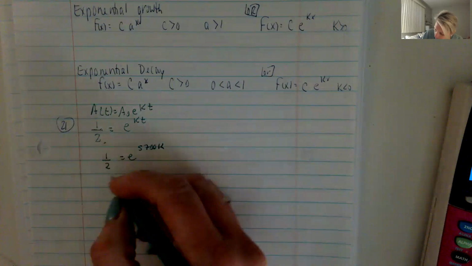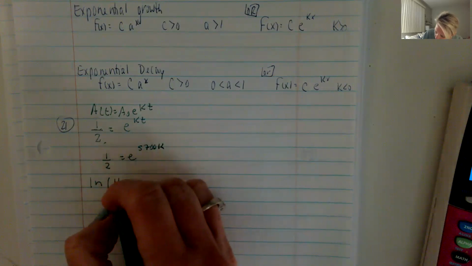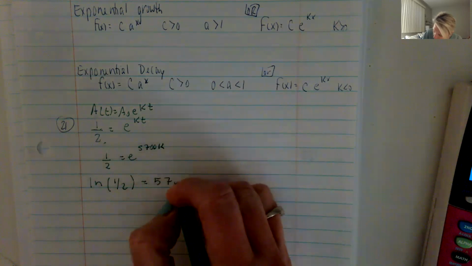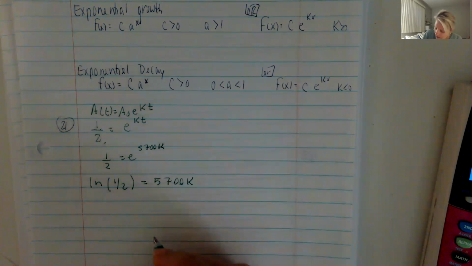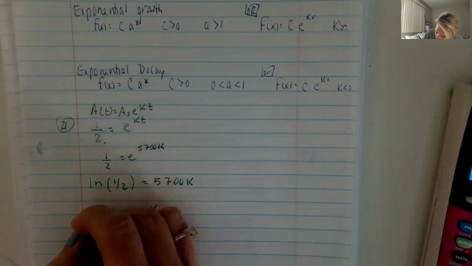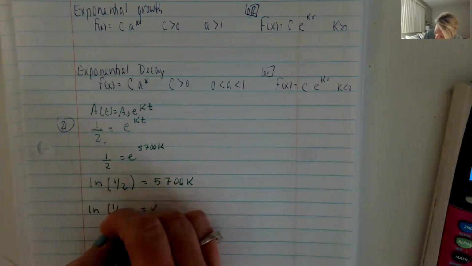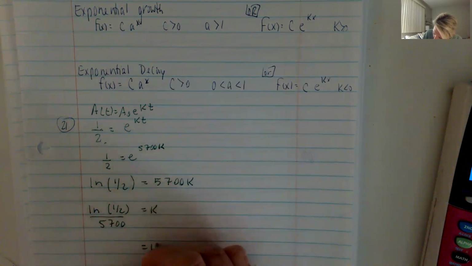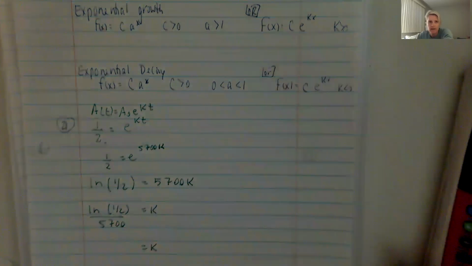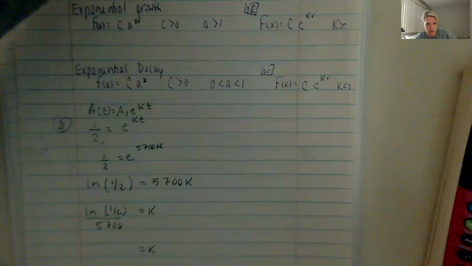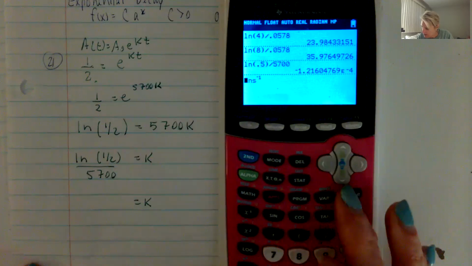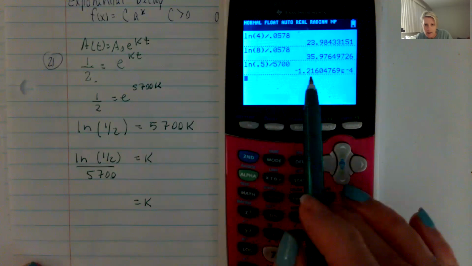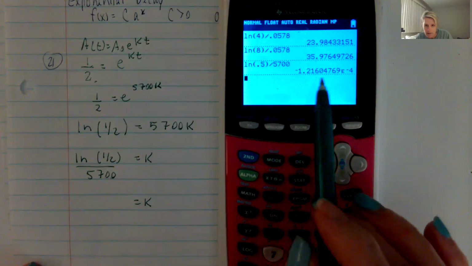So we take the natural log of both sides, which brings that down to 5,700k. Then we can solve for k: the natural log of 1/2 divided by 5,700 gives us a k of a very small number, because it's in scientific notation.